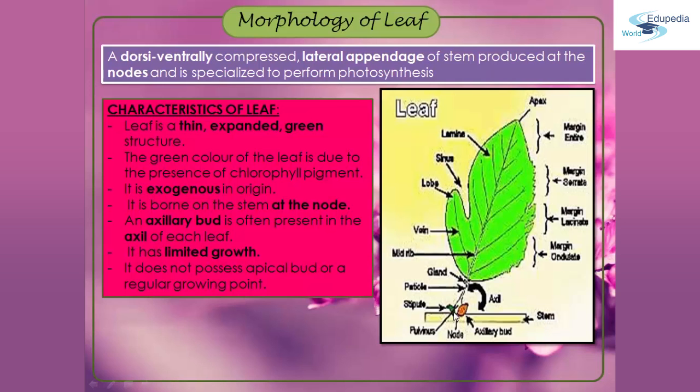The petiole helps to hold the blade to the light, because by seeing the light, leaves can prepare their food. It is a long, thin, flexible petiole. See, this is your petiole. It helps to hold the blade to the light.